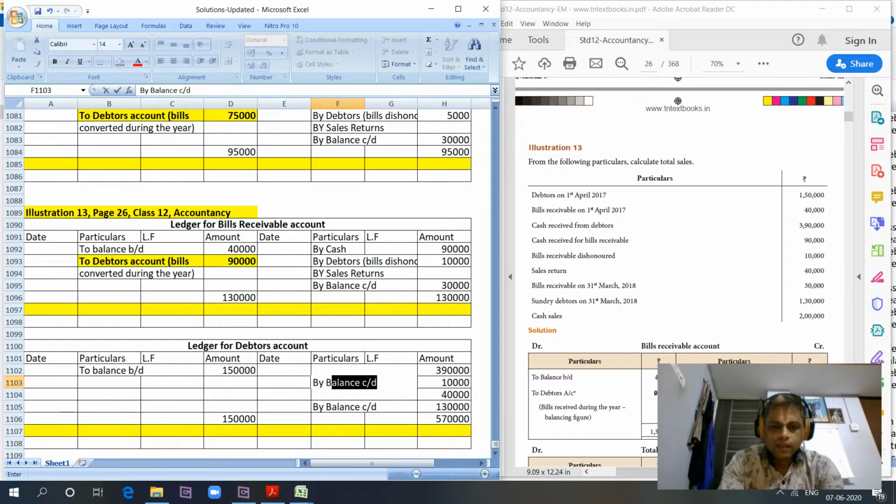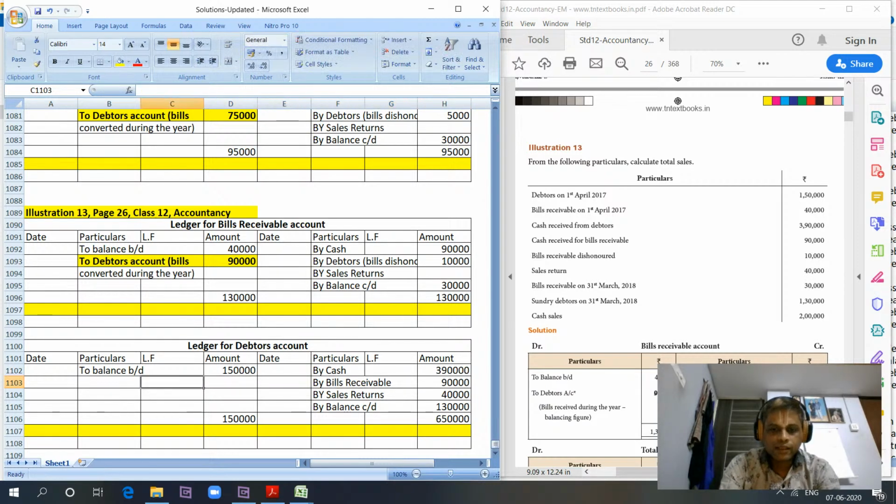By bills receivable: the total debtors that got converted into bills receivable. You can see that's the opposite of this ledger too. So the entry is bills receivable to debtors, and debtors by bills receivable 90,000.